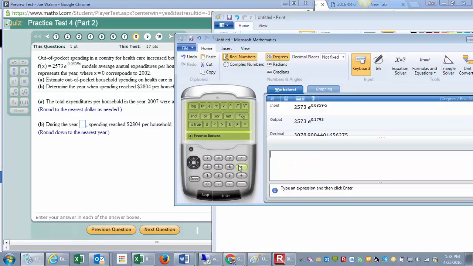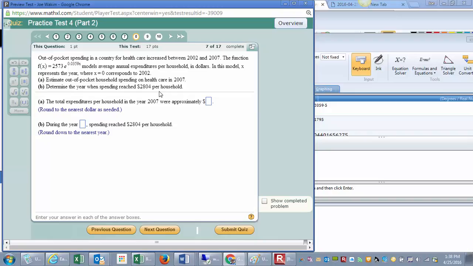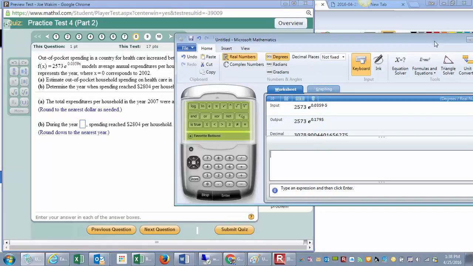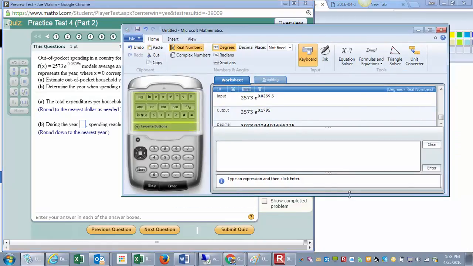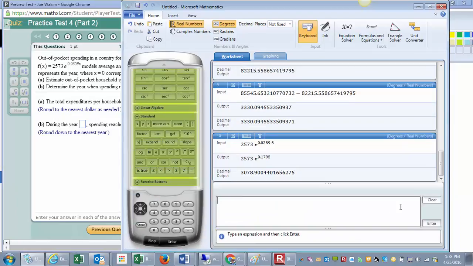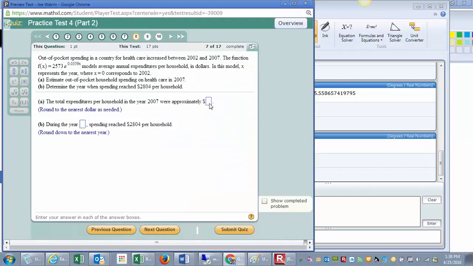So the total expenditure per household in the year 2007 is approximately equal to 3,078.9 to the nearest dollar, 3,079.